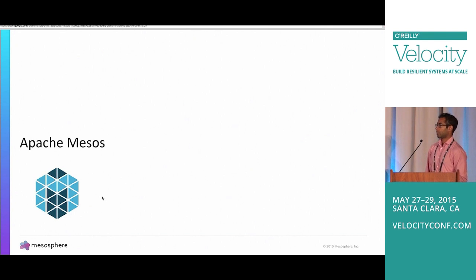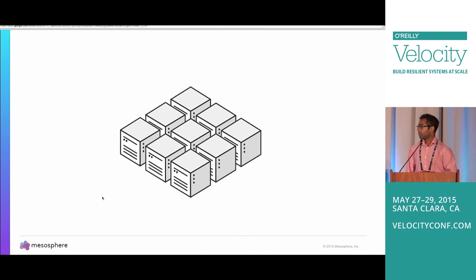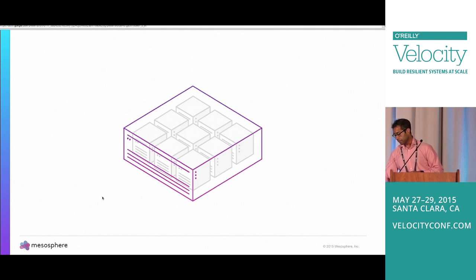Okay, so let's talk a bit about Apache Mesos. The basic idea of Mesos is to take a collection of machines, a collection of discrete resources, and model them as one abstract box, which really just represents the amount of CPU, memory, and disk available.